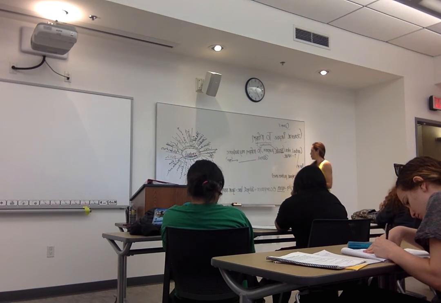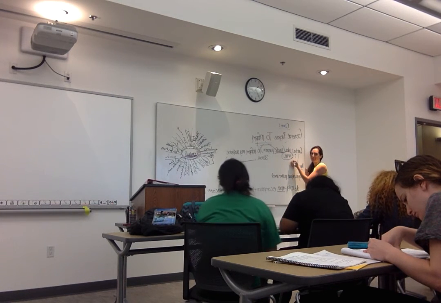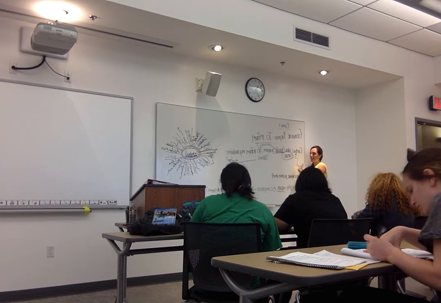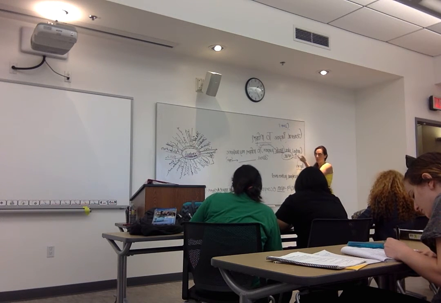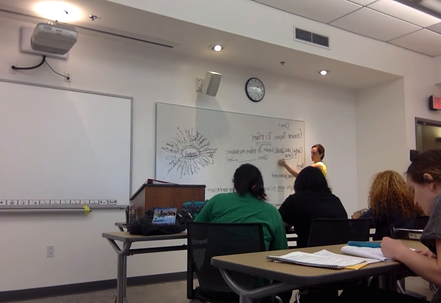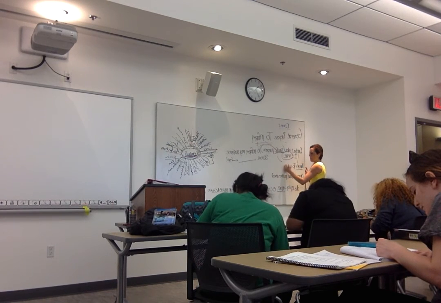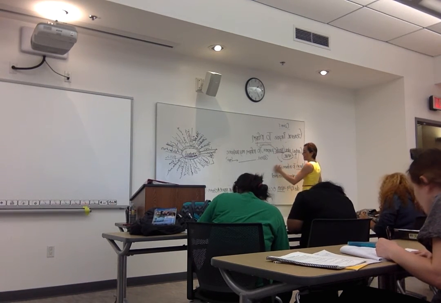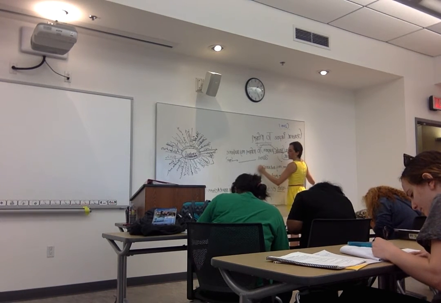The last thing that you do is you work on writing your thesis. And a thesis is a combination of what two things, everybody? Your central idea and main point. So what do we have already? We have our goal. So that's all you do. You're going to bring down your central idea: to inform my audience about blank.